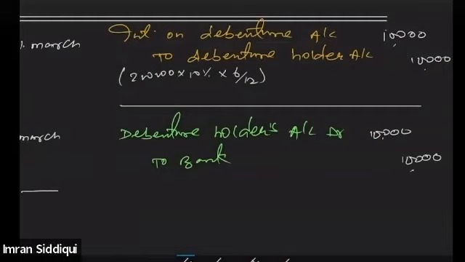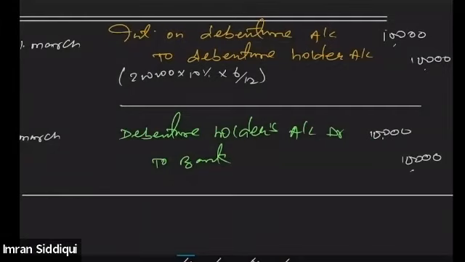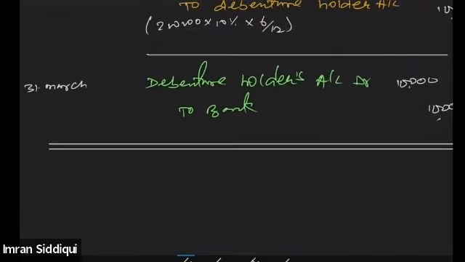Understood? So these two entries have to be repeated after every 6-month period if interest is payable on a half-yearly basis. But if interest is payable on a yearly basis, then it has to be done only at the end of the year, as on 31st of March. Tell me if this is clear or not. Yes, sir.